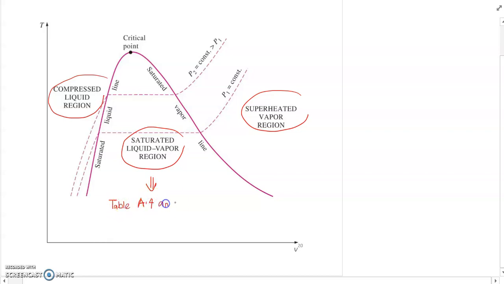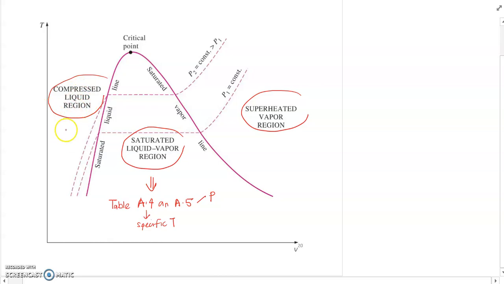A4 and A5, depending on which one you have specified: A4 specifies T, while A5 is for pressure.